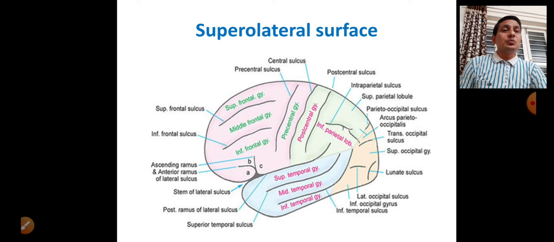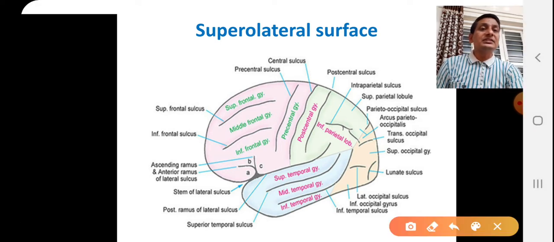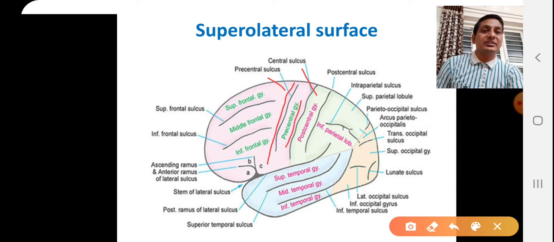Now on the superolateral surface, the precentral sulcus lies parallel to and in front of the central sulcus. This is the central sulcus, and this is the precentral sulcus. The area in between the central sulcus and precentral sulcus is the precentral gyrus.